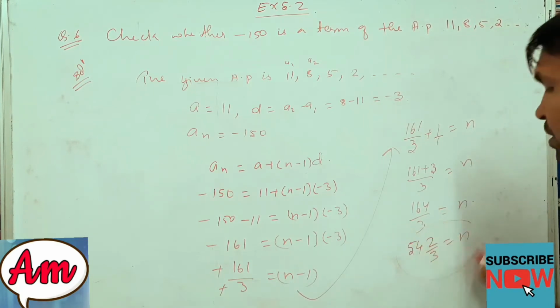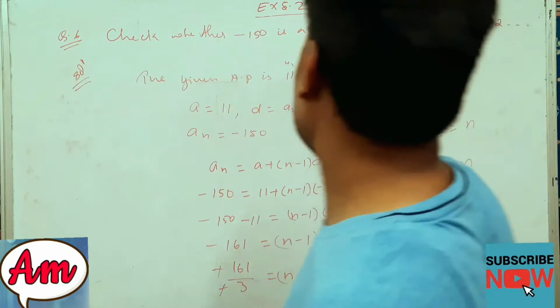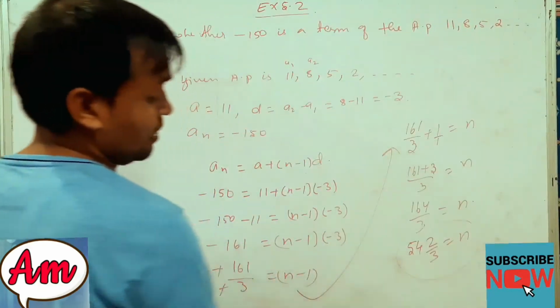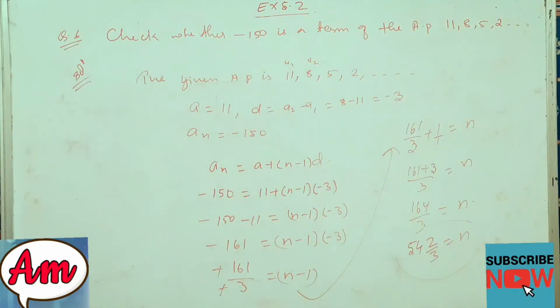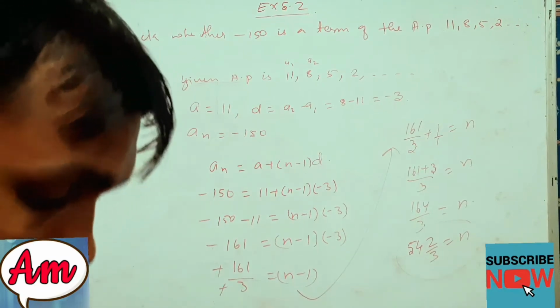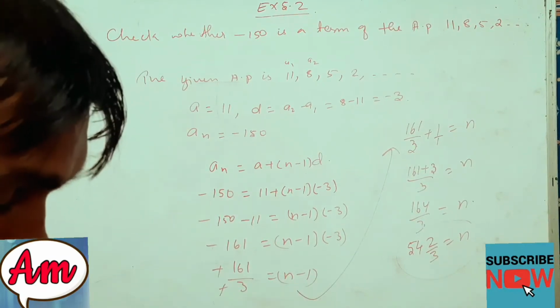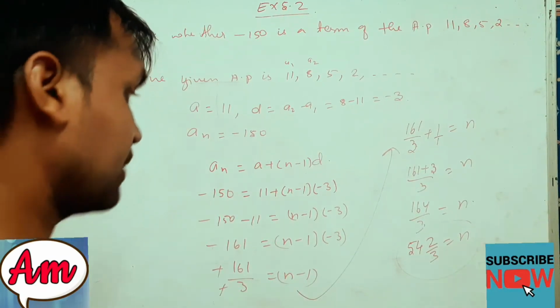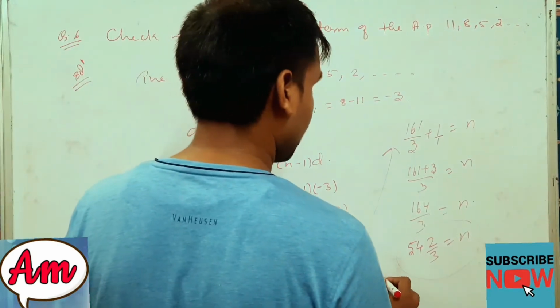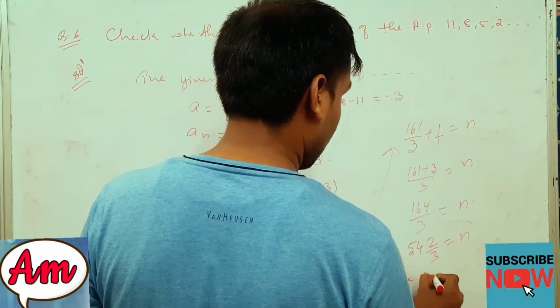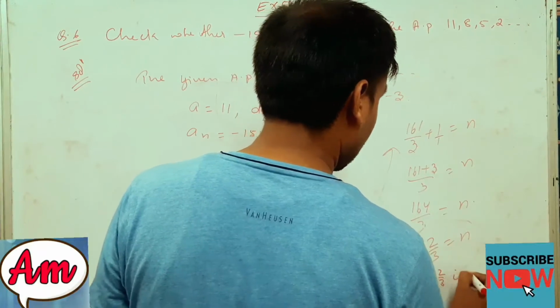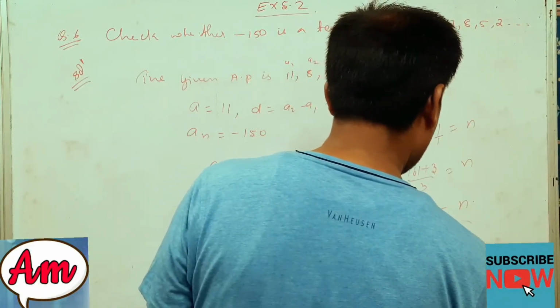So this minus 150 cannot be a term of this AP. Why? Because we are not getting a natural number. This is not a natural number. Okay, so we'll write, hence 54 and 2 by 3 is not a natural number.